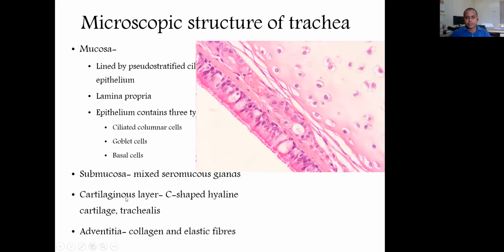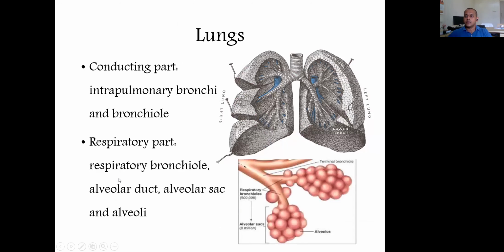Okay. Now let us move ahead with the lungs. Now, the trachea divides into the principal bronchus. Even the principal bronchus has the same four layers as the trachea. Everything changes later on when it divides further.